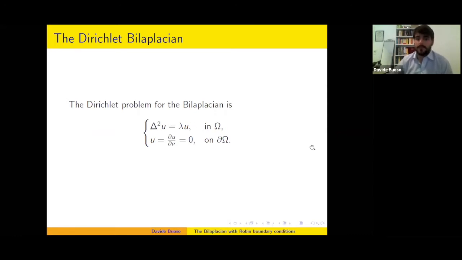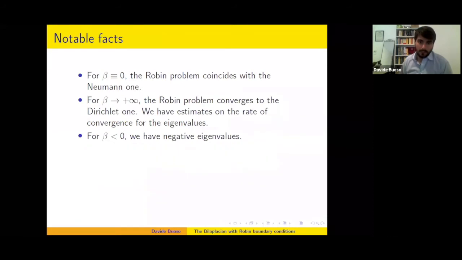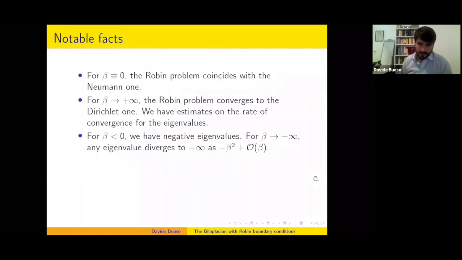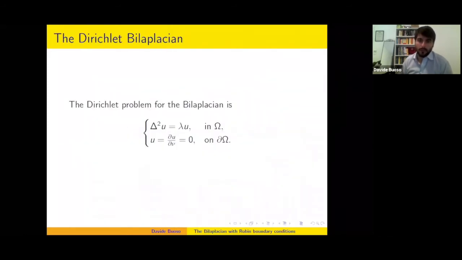This problem is well set if omega is just of finite measure in R^d, but since for the Robin problems we will also consider boundary terms like this where traces are involved, we need at least Lipschitz. Otherwise, we would need to state problems in a very weak formulation, and we do not want to go into those details. So this is the Dirichlet problem for the Bilaplacian.